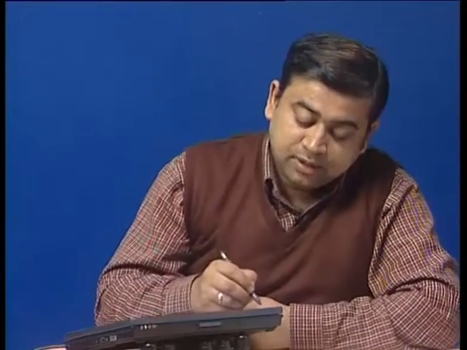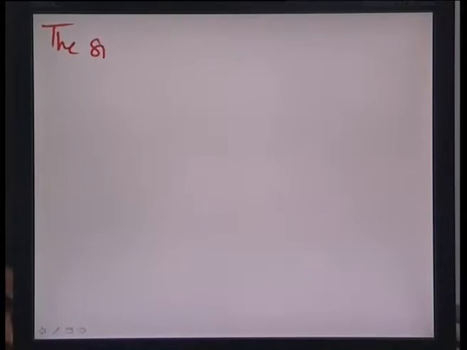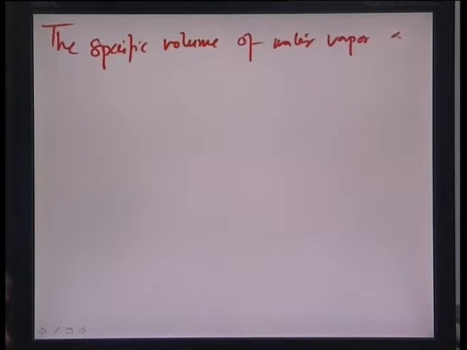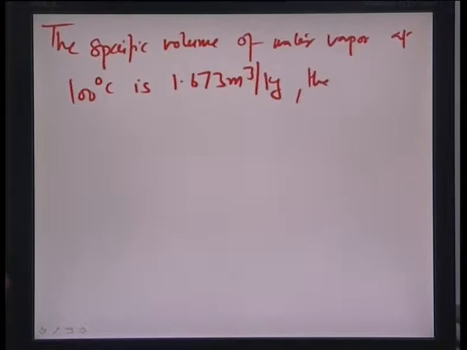So let us say that the specific volume of water vapor at 100 degrees Celsius is about 1.673 meter cube per kg. The mass of water therefore, m, is given by V by nu.